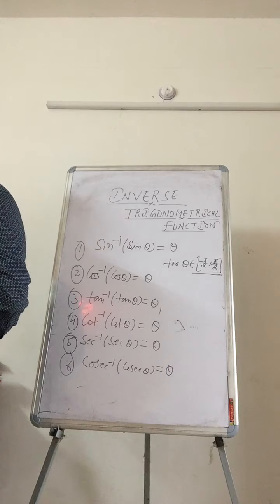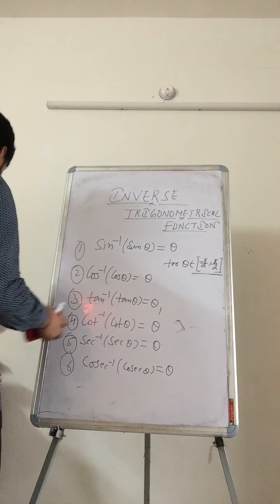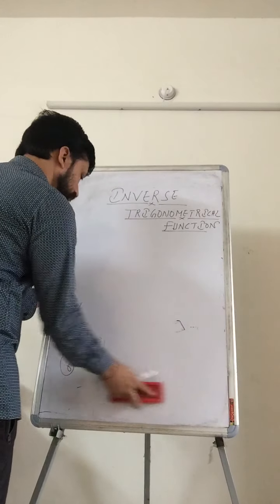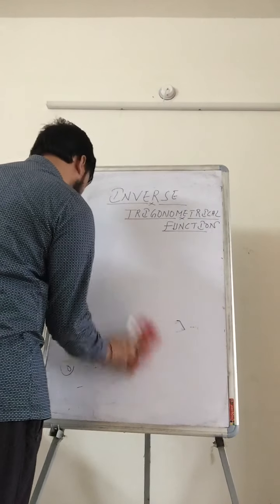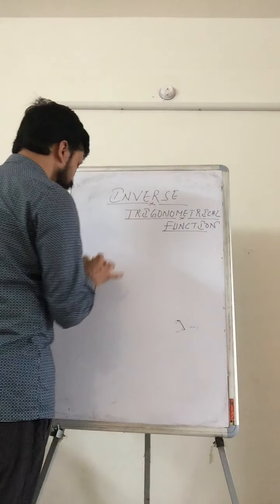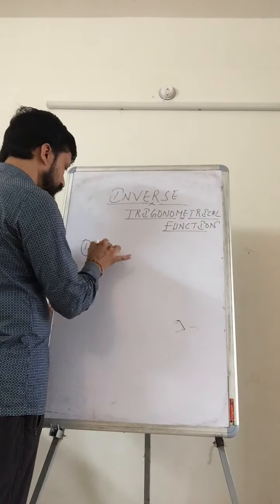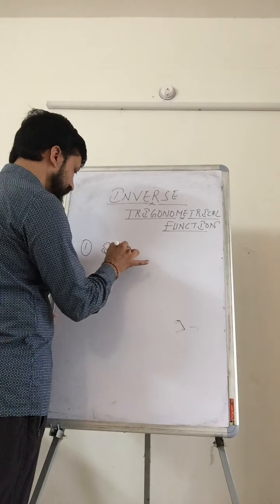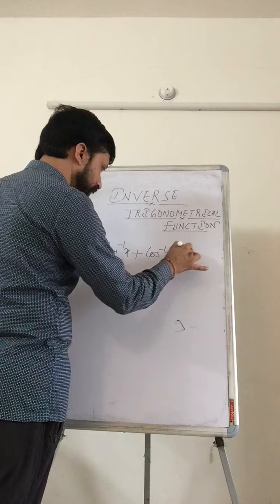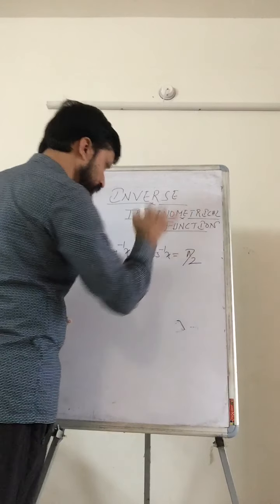Next set of formulas: sin inverse x plus cos inverse x is always equal to pi by 2.